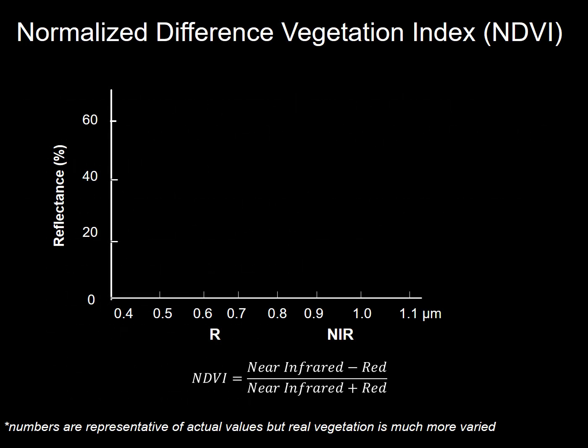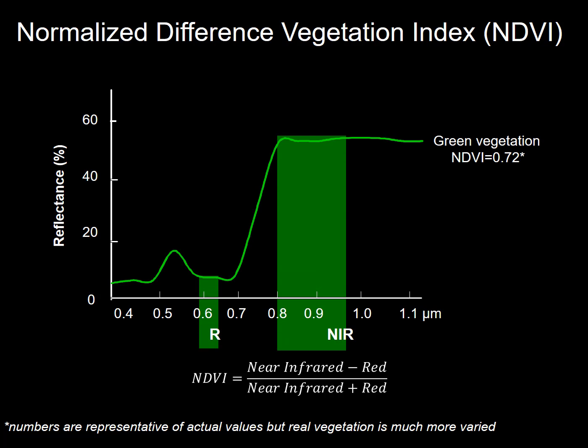For example, the NDVI is the most well-known index used to detect live green canopies in multispectral remote sensing data. NDVI is calculated from the visible and near-infrared light reflected by vegetation. Healthy vegetation will have high values of NDVI since it absorbs most of the visible light that hits it and reflects a large portion of the near-infrared light.